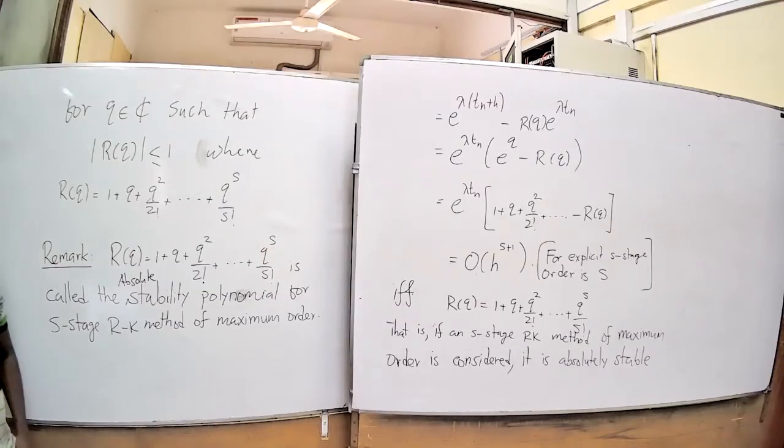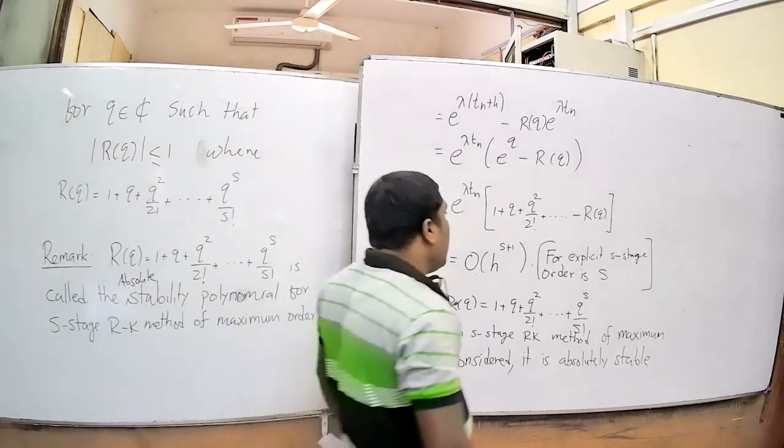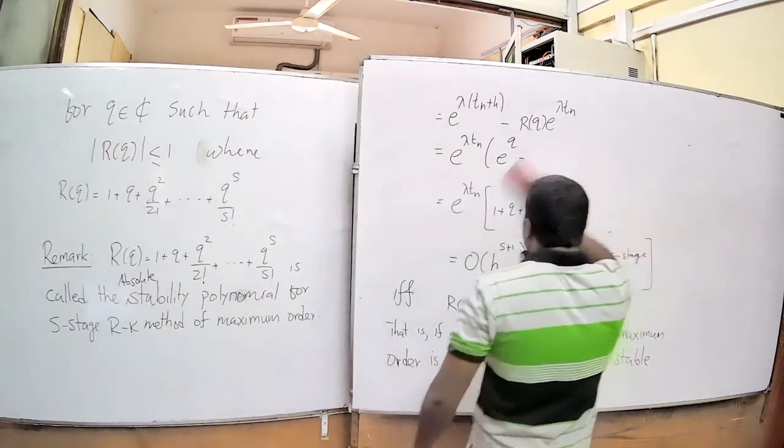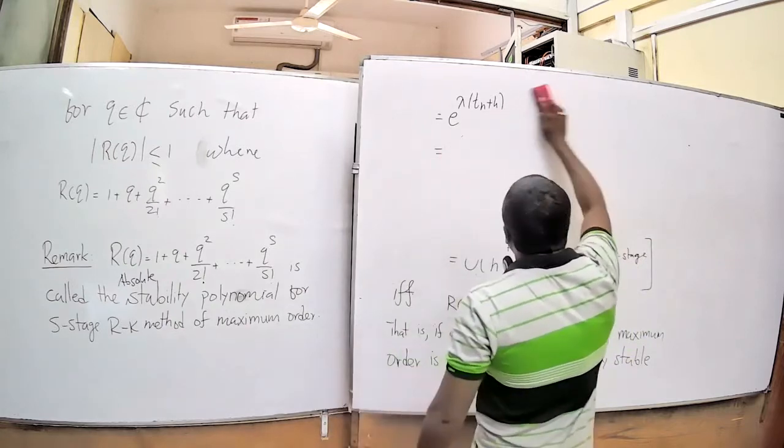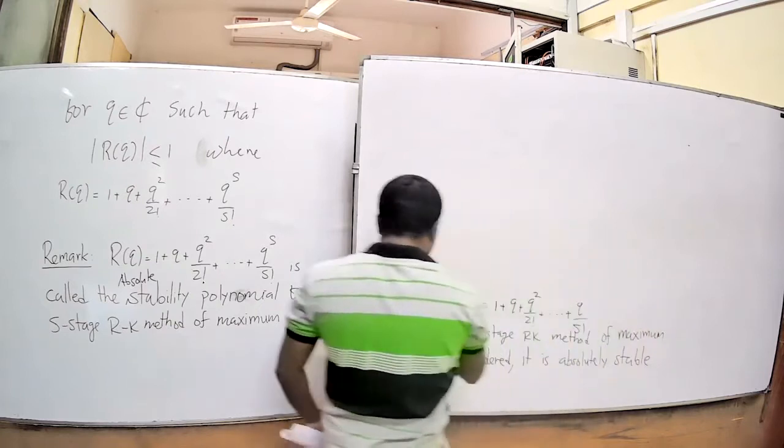So it is easy to write down the absolute stability polynomial for the explicit case with maximum order, so finding the region turns out to be easier than for the implicit method. That is what we are going to see in the example: how we can use this polynomial to see the boundary of the stability region.